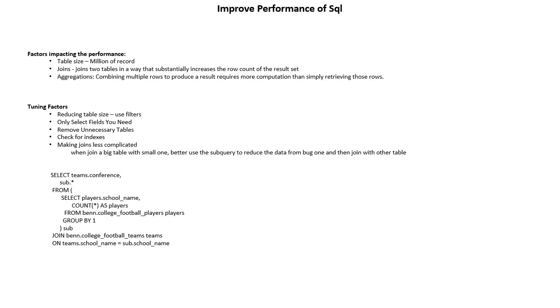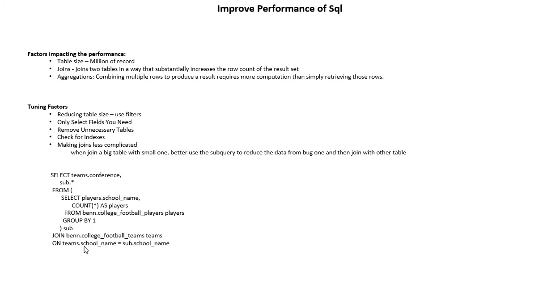Before joining these two tables, you can think about whether you can reduce the number of records in table A to 200 or 500 by adding some filter, and then join with table B. That really helps you improve the performance. So that is what we are doing here: do a filter right before joining with the actual table, so that way you get good performance.